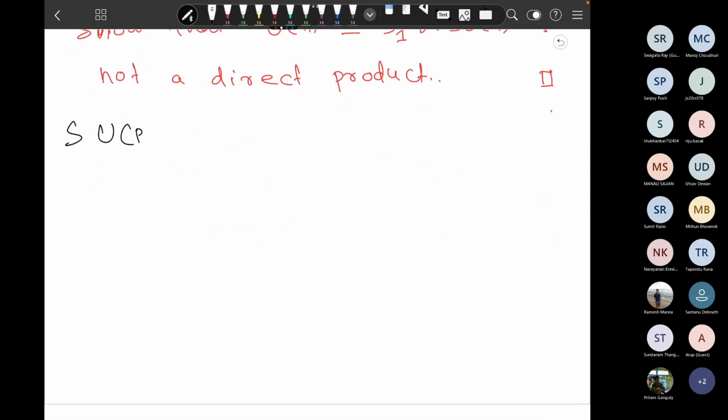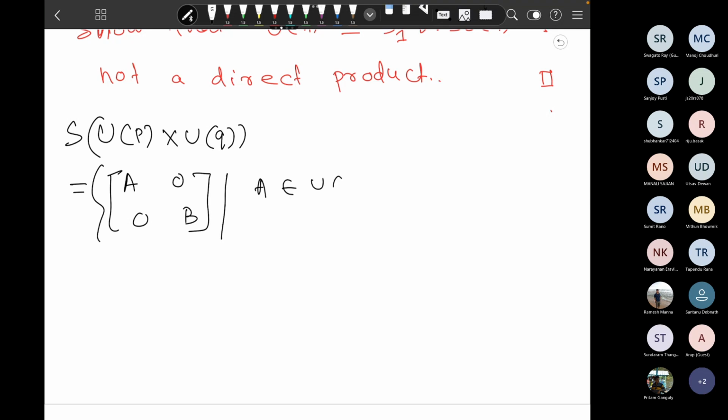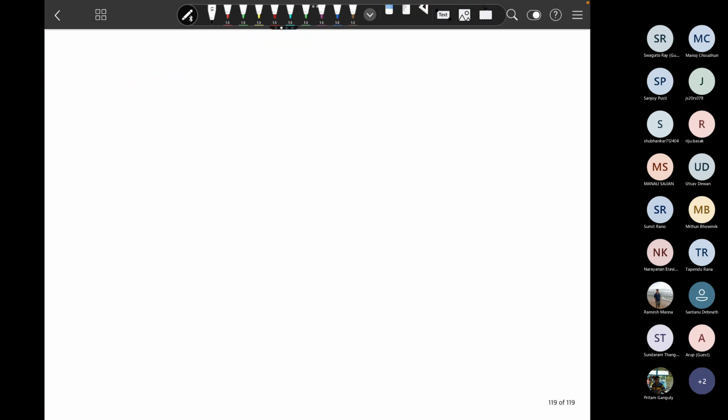So S(U(p) cross U(q)) is by definition the set of matrices (A 0; 0 B), where A belongs to U(p), B belongs to U(q), and determinant of A times determinant of B is equal to 1. Okay, so let A, B belong to S(U(p) cross U(q)).